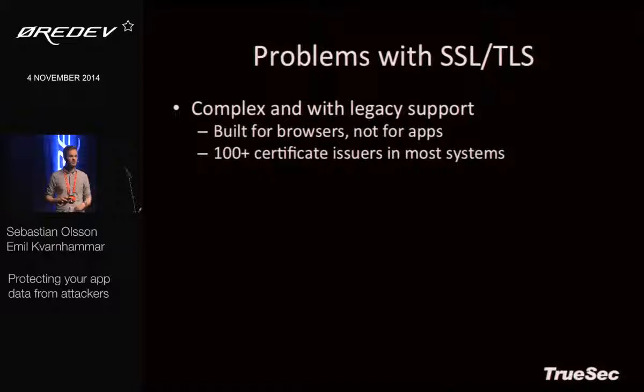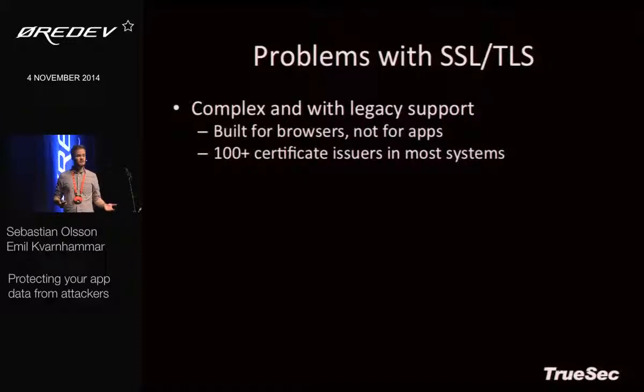And in your operating system, you often have more than 100, often up to 200 certificate issuers that you're accepting that could have issued the certificate in this case. But normally, when you're developing an application, for example, you don't use 200 certificate issuers for your application. Normally, there's just the one. So maybe you're not interested in trusting these foreign entities of some sort that could also sign a certificate for your domain.